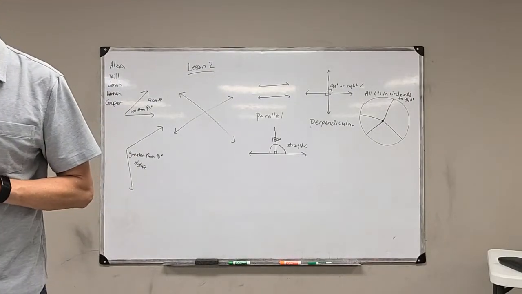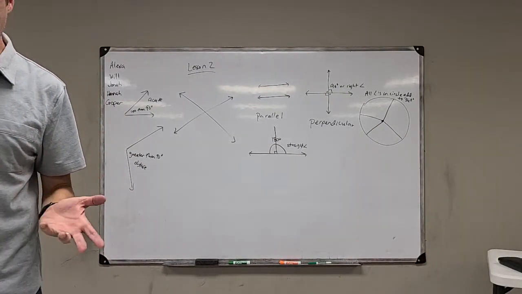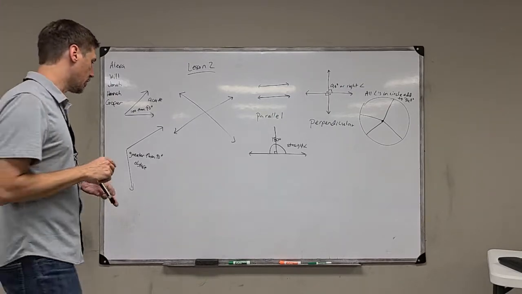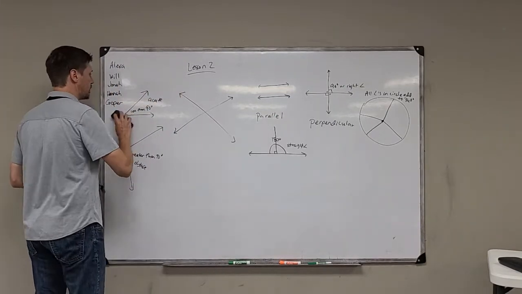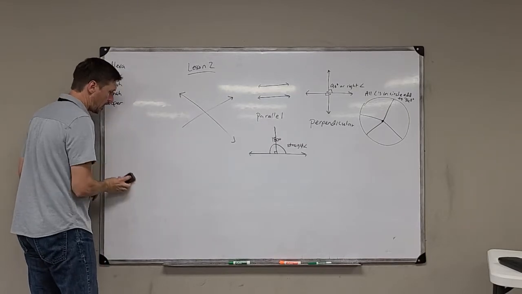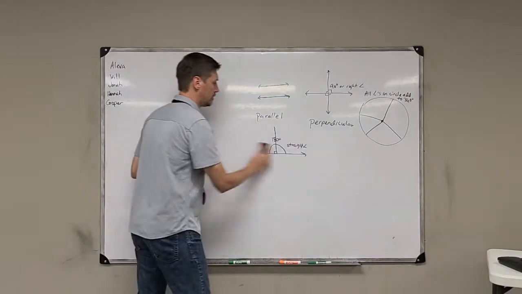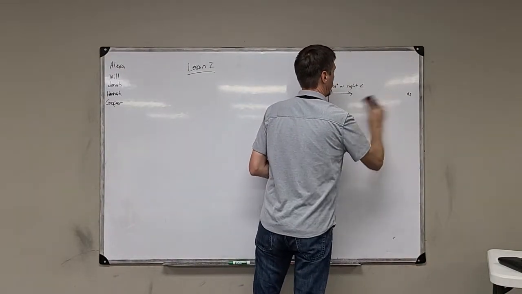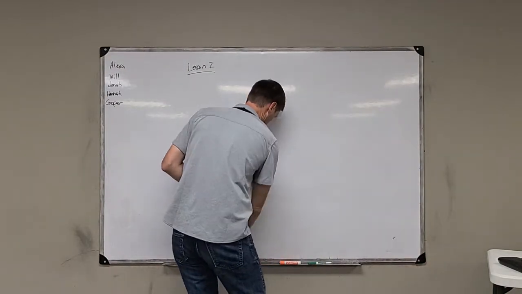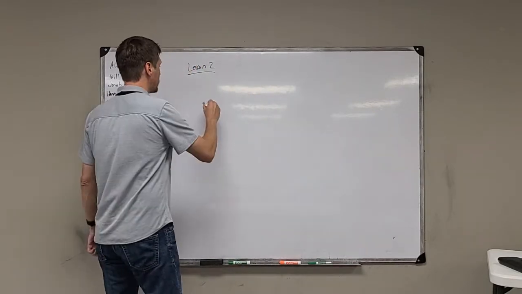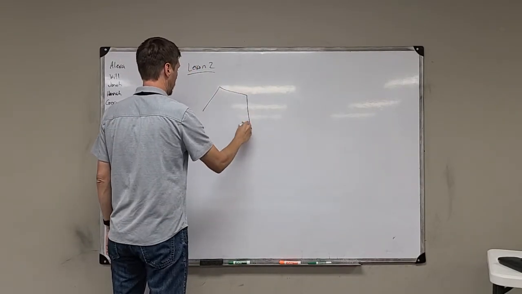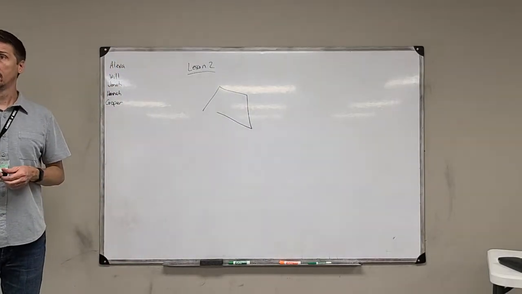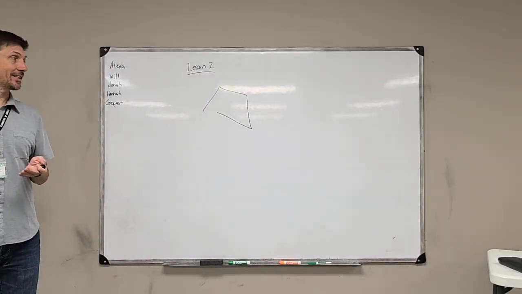So those are our definitions with lines and our definitions that we want to just remember right now as far as angles go. Somebody that hasn't said anything yet, tell me about a polygon. What is a polygon? Anybody want to take a stab at that? Is this a polygon? No. Why not? Because it doesn't connect, right?